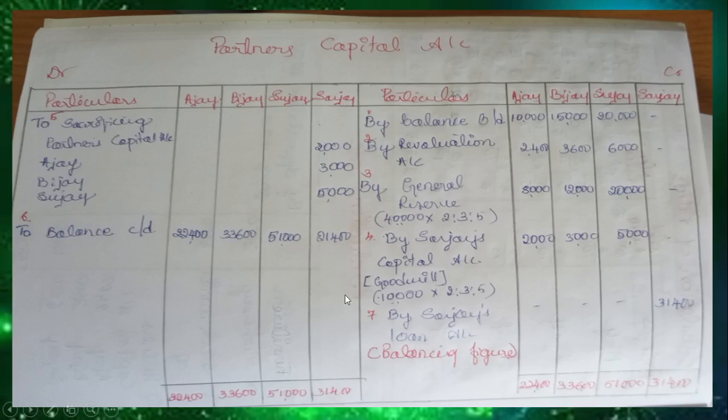So Sanjay's capital account debit side total 31,400 and credit side no entries. So this 31,400 rupees is transferred from Sanjay's loan account. So this is the balancing figure for Sanjay's capital account column. Hope you understood, the partners' capital account is the major part of this particular problem.